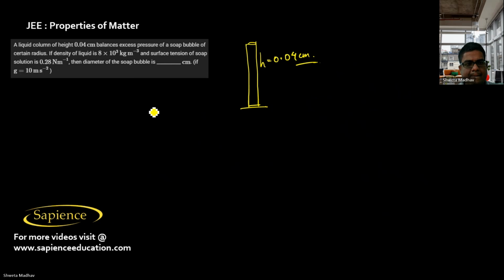A liquid column of height 0.0 centimeter balances the pressure of a soap bubble.